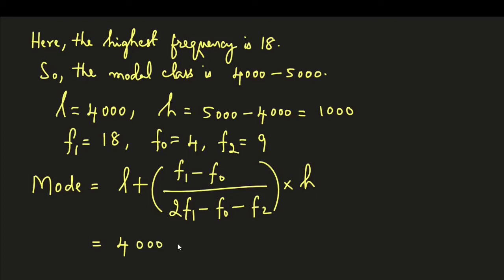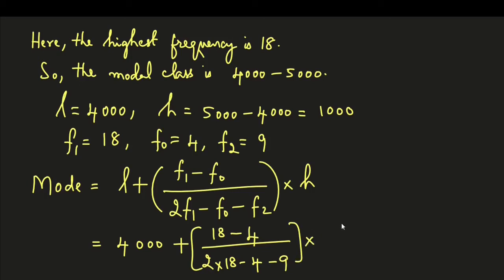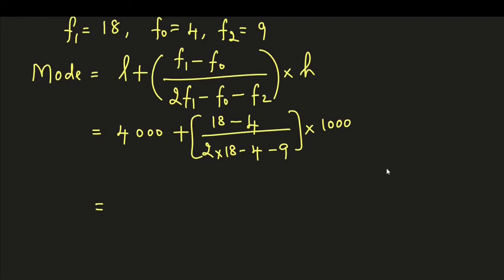So 4000 plus F1 is 18, 18 minus F0 is 4, so 18 minus 4 by 2 into 18 minus 4 minus F2 is 9. So minus 9. This whole into H. H here is 1000.